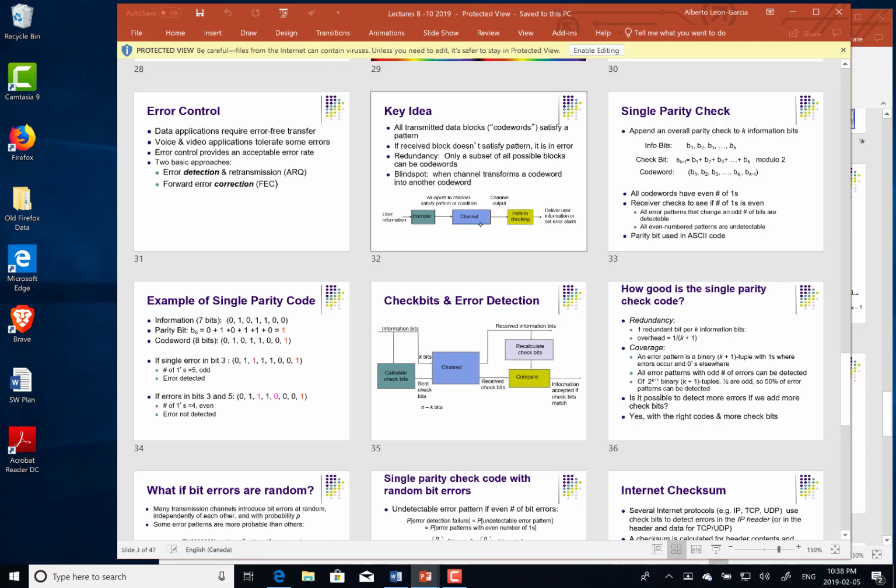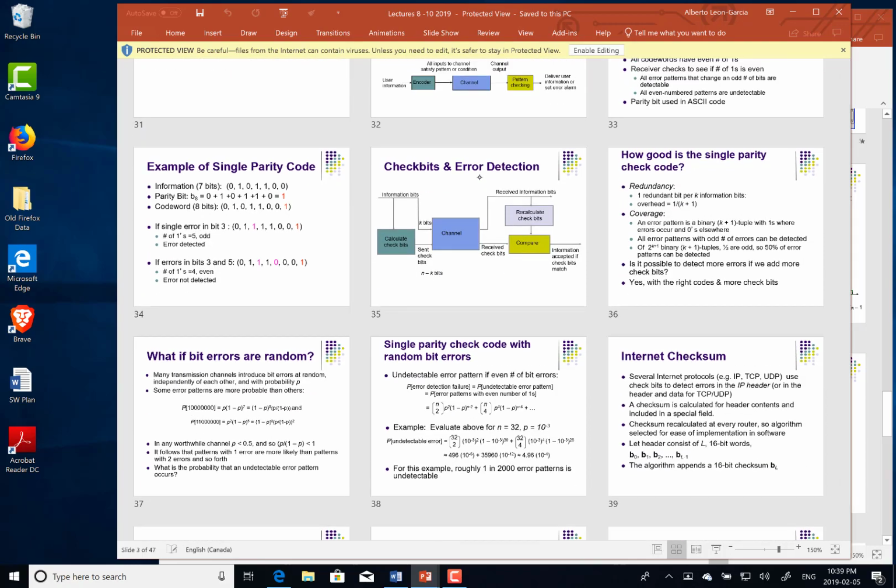To work, you need it to be difficult for the channel to convert one code word into a different code word, because that's when errors occur. When a code word appears here, it'll be detected as correct, and if the original code word is different, then you're going to make errors.